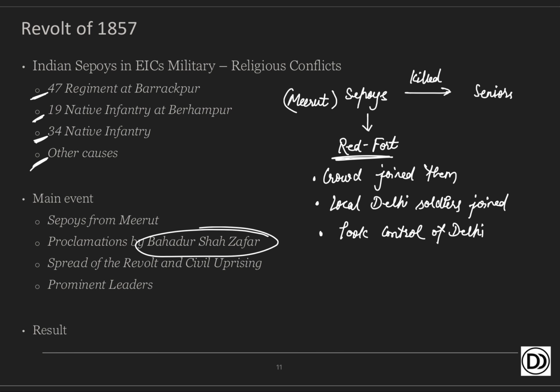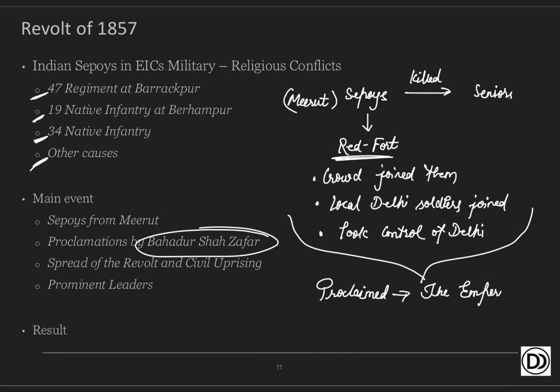So when the sepoys took control of the city, they proclaimed Bahadur Shah Zafar as the Emperor of India. These sepoys, this crowd, after getting into the Red Fort, announced Bahadur Shah Zafar as the Emperor of India. Now why did they do this?